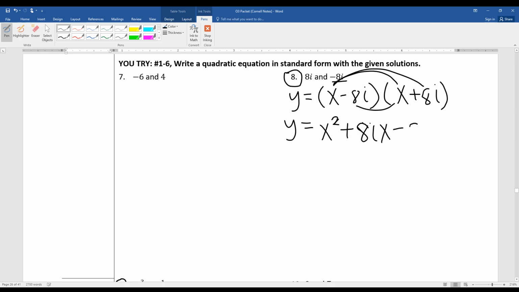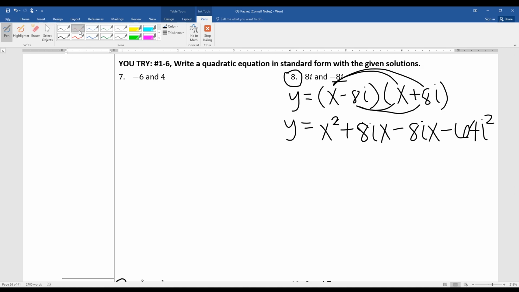Negative 8i times x is negative 8ix. And negative 8i times positive 8i. Negative 8 times positive 8 is negative 64. And i times i is i squared.